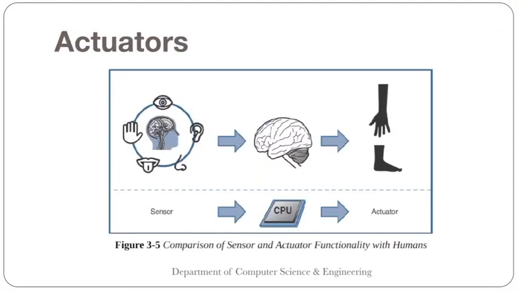Our actuators, which are nothing but hands and legs, operate accordingly. The same happens with sensors and actuators. The sensor will sense, and the CPU, like a microcontroller or microprocessor, the central processing unit, will process that data and, like our brain, tell the actuators, and they will act upon it.